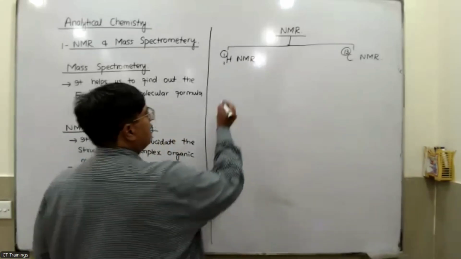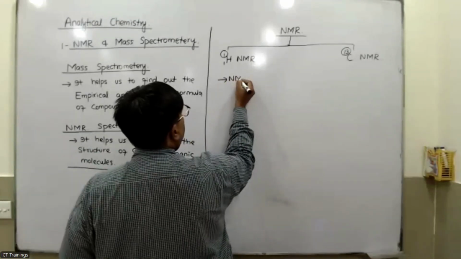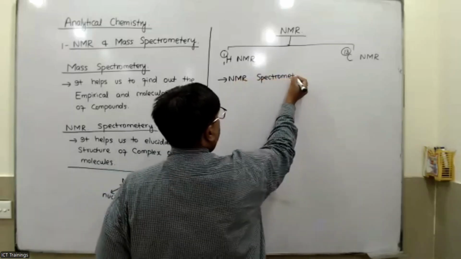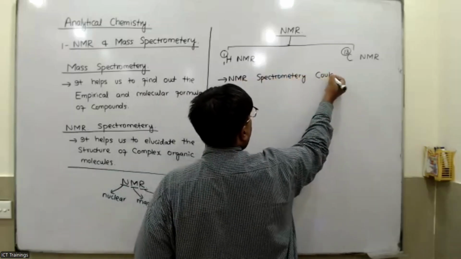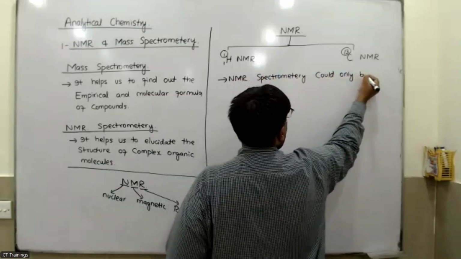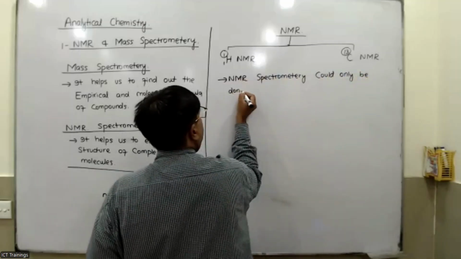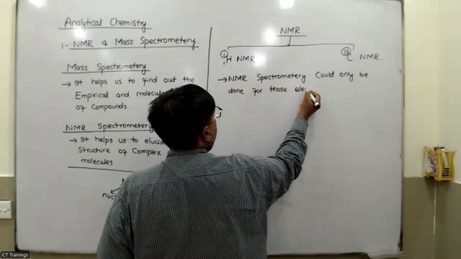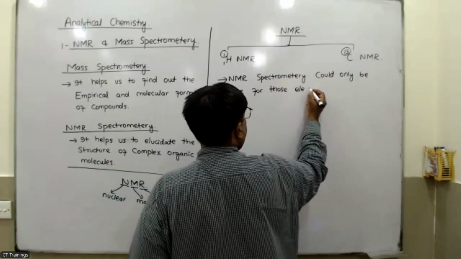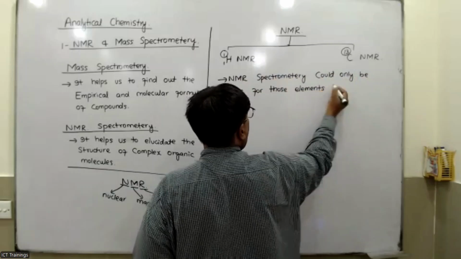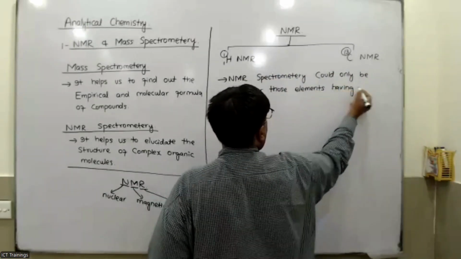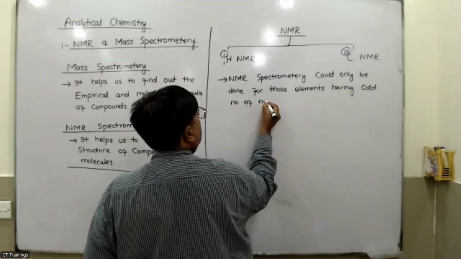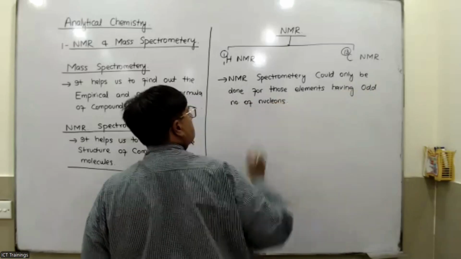Okay, so just write it down. NMR spectrometry could only be done for those elements having an odd number of nucleons.